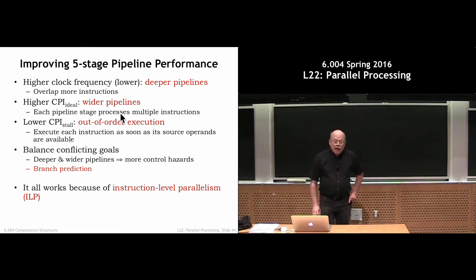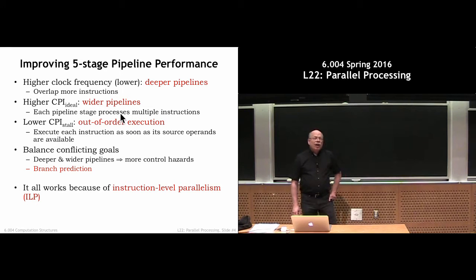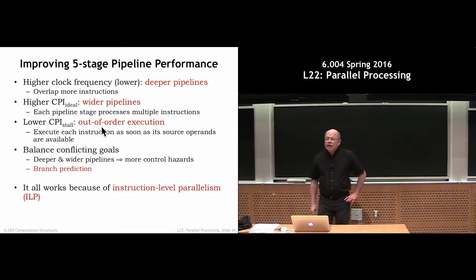We could think about issuing more than one instruction at once. Is it possible for us to do 2 instructions at a time or 3 instructions at a time? So we'll look at that. The notion of a wider pipeline, a so-called superscalar pipeline, is something that you own. You also own a pipeline that performs out-of-order execution.